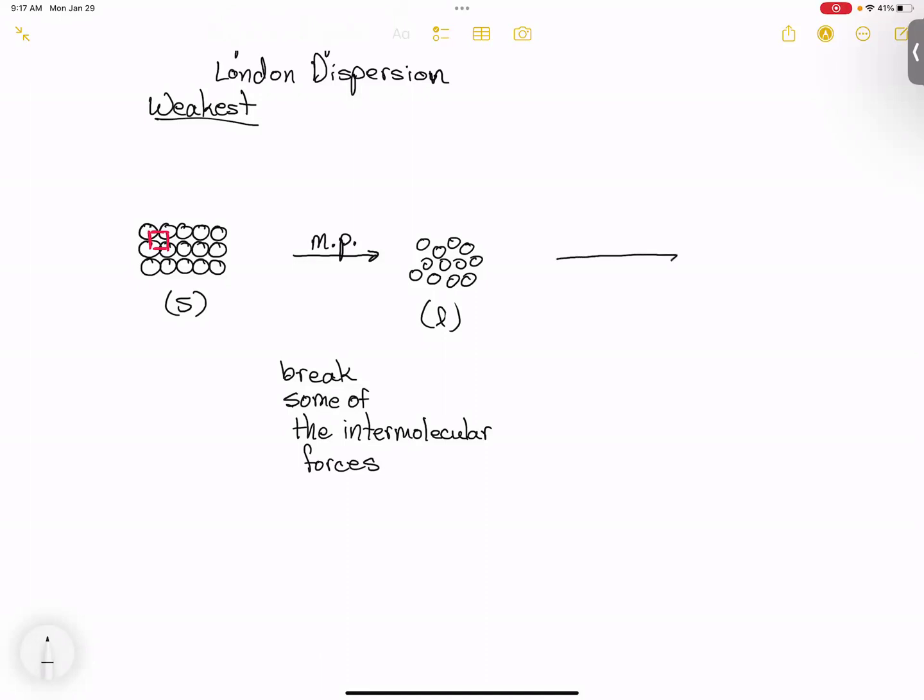To go from a liquid to a gas through the boiling point, you have to break all of the intermolecular forces. Now let's talk about that with respect to what we've learned.